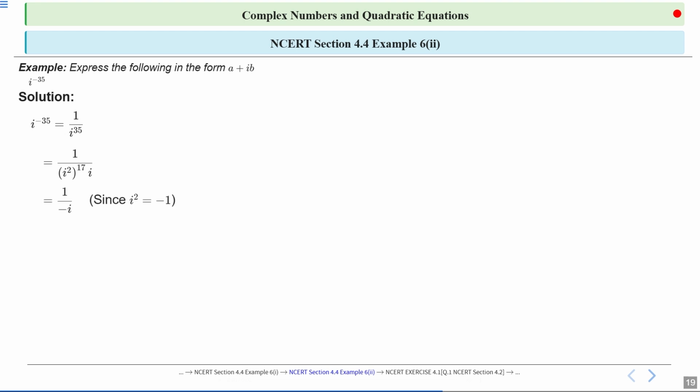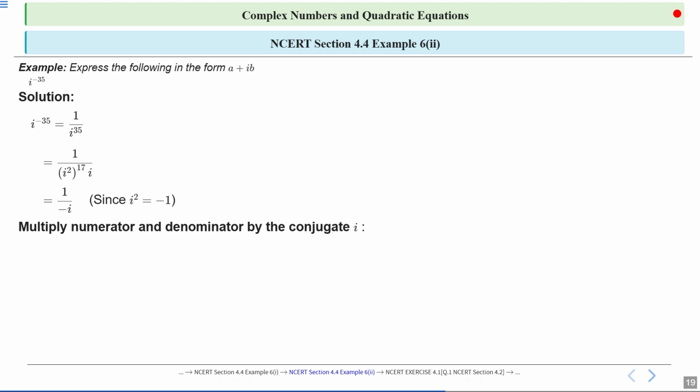Now let's substitute iota square with minus 1. That gives us iota square to the power 17 is minus 1 to the power 17, which is minus 1. So the denominator becomes minus iota. So our expression is now 1 divided by minus iota.